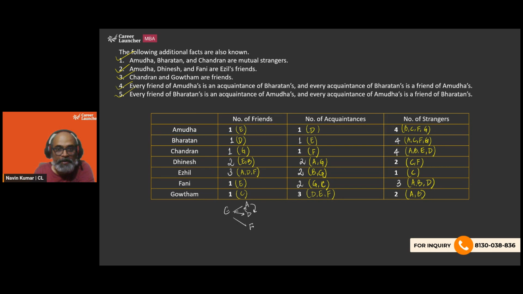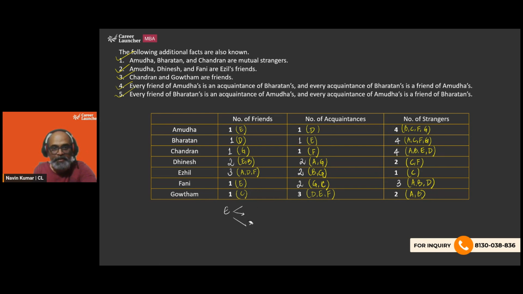If we look at F, D is there, and we have got D is friends with G. If you look at F, F is friends with G, and F is friends with C. So we can see that E is friends with, oh, sorry, why am I looking at acquaintances?